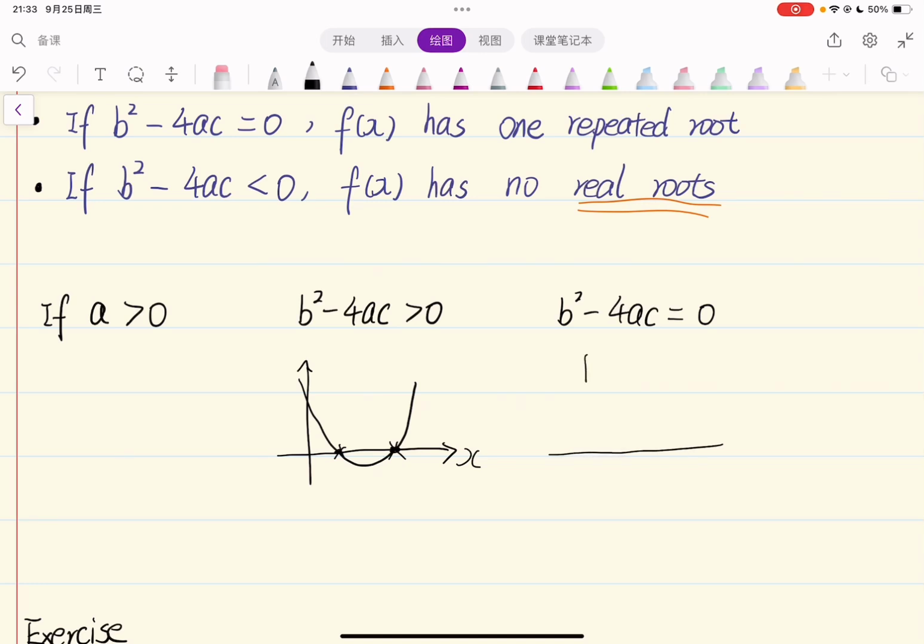So how can the curve touch only once? It means the turning point, or the minimum point of this curve, touches the x-axis.